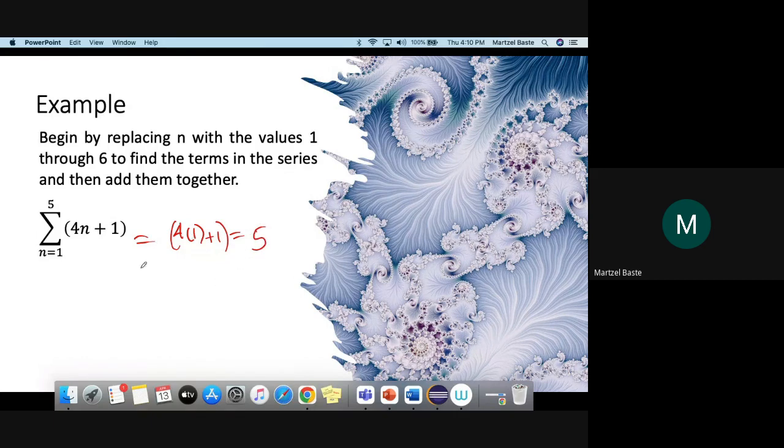Next, you add by substituting the value: 4 times 2 plus 1, which is 8 plus 1, 9. So you add 5 and 9. Okay, let's continue.